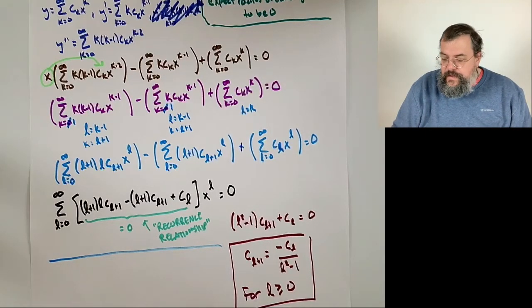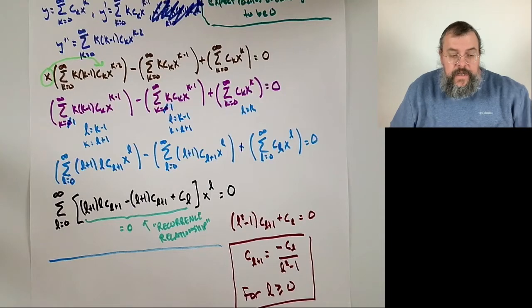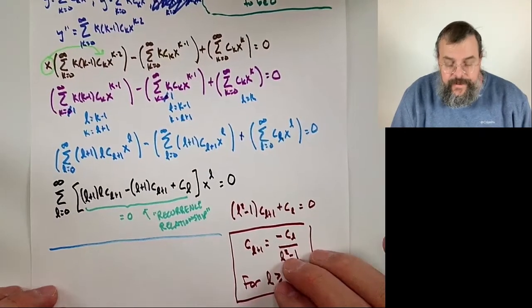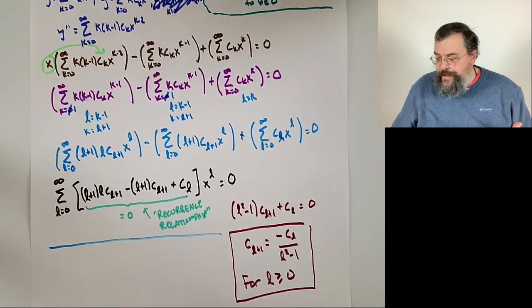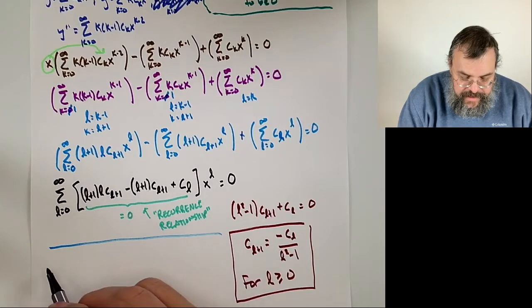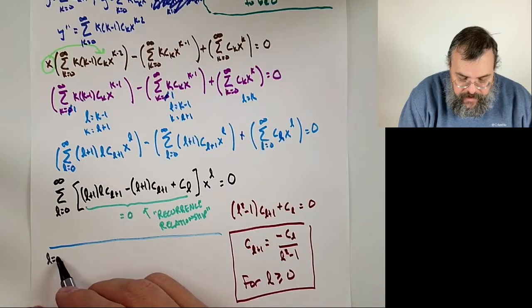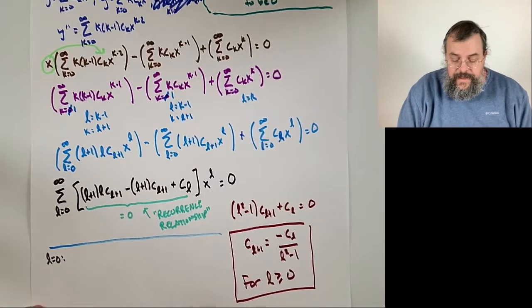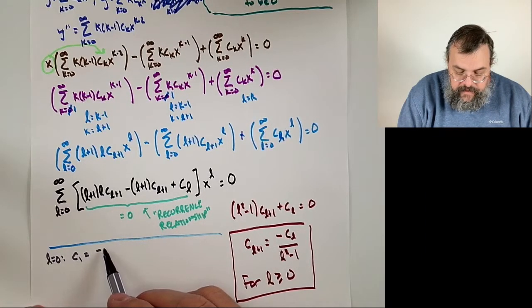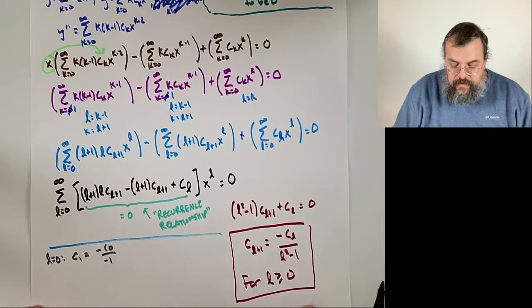So, now notice this relationship is always true. So we can plug in any choice for L. So let's plug in some small choices. If you plug in L equals 0, what do you have? Well, you have C1 is minus C0 over minus 1, right?